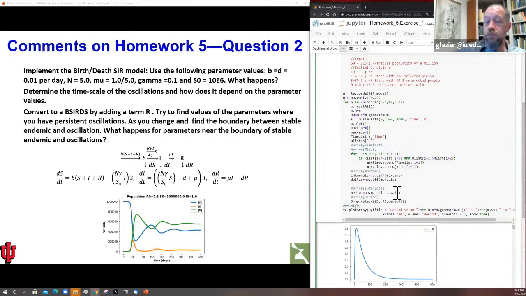So in principle, exponent should equal, is it np dot log? Yeah. np dot log of deltas divided by np dot log of intervals.